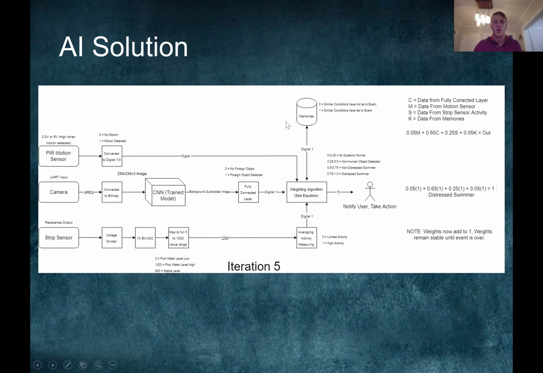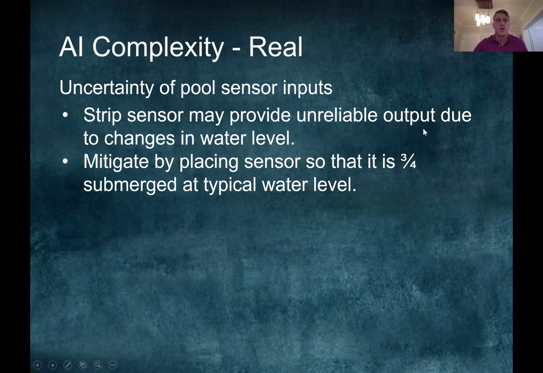These 4 things weight together with a simple algorithm that uses weights that change over time depending on what kind of data comes through. We have a data iteration graph in our paper that can be viewed to see how these weights change over time.